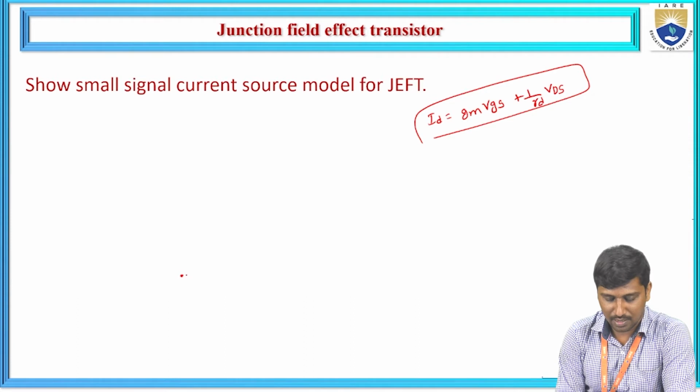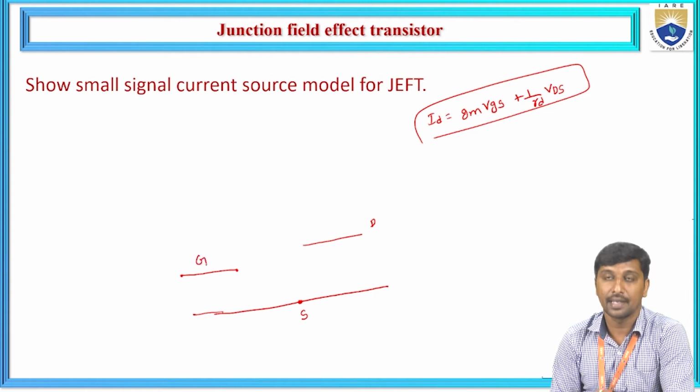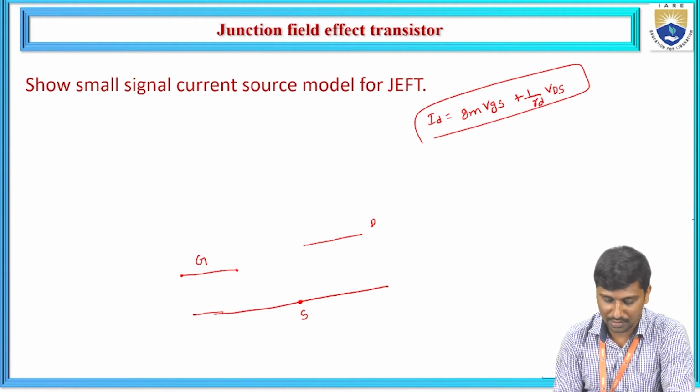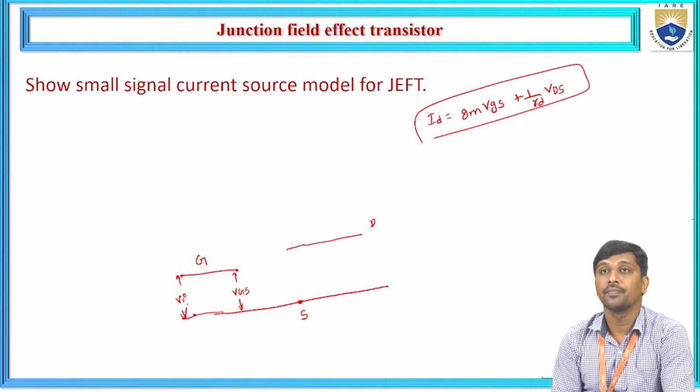Let us take this as the input side and the source is common, and this is the drain. The common terminal is the source, the input terminal is the gate, and now we are going to write the expression ID is equal to Gm times VGS. This is the potential difference between gate and the source, where we are applying the input voltage.